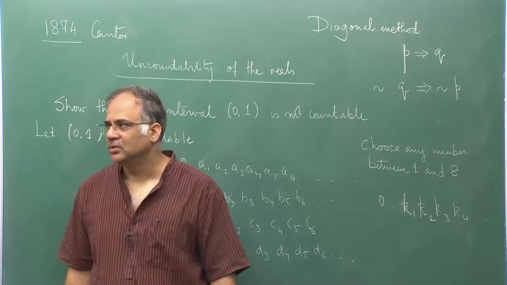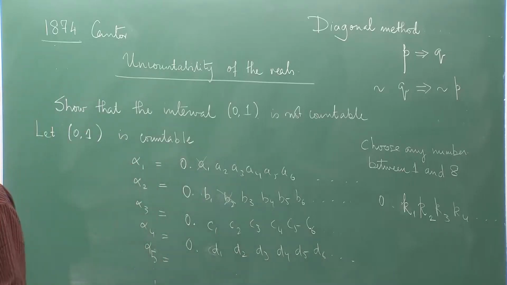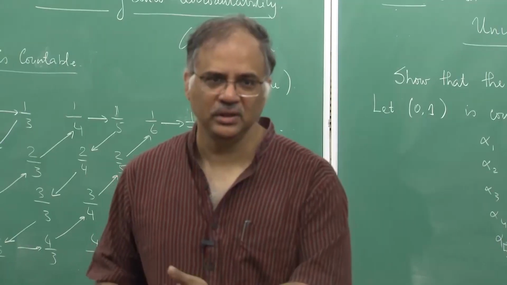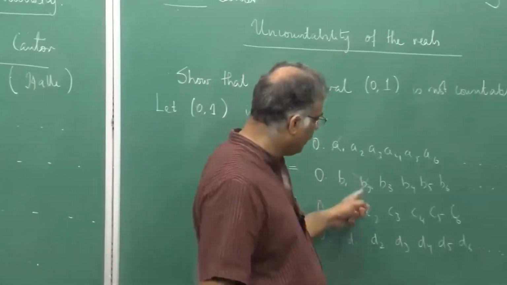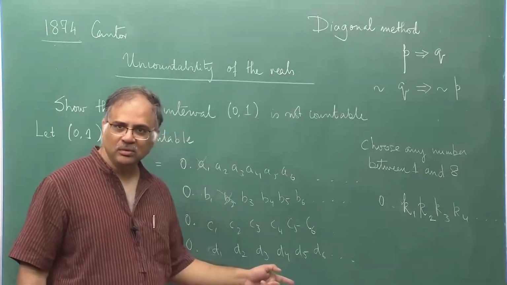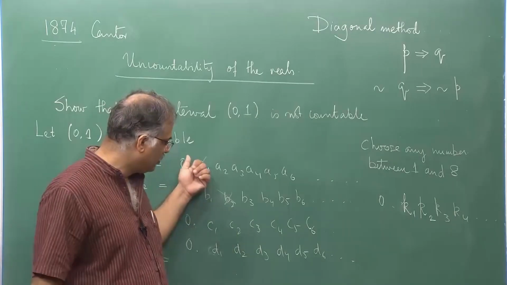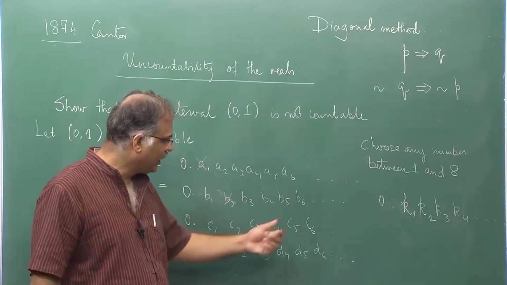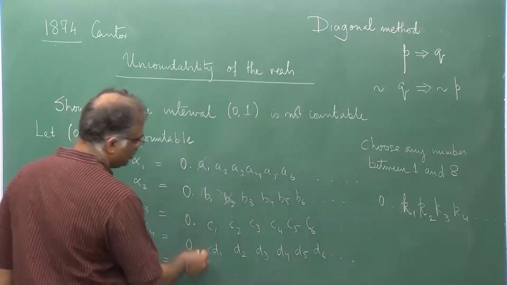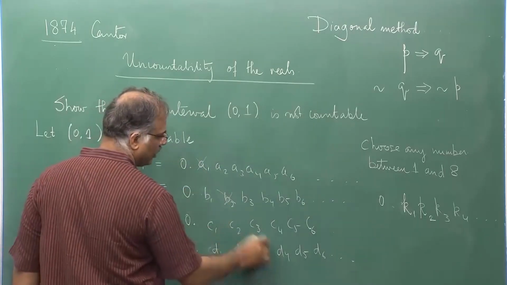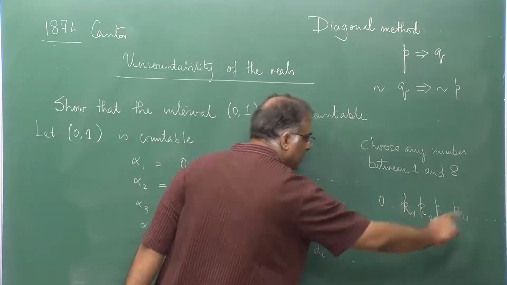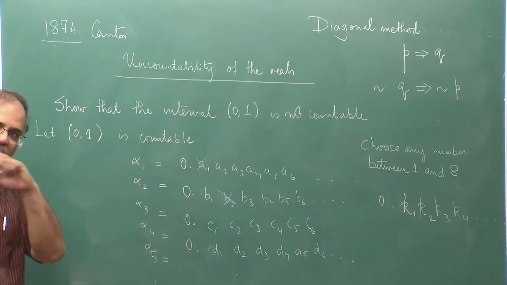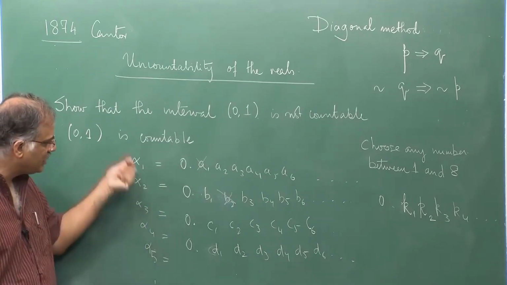Right. So now you might ask me, what about 1/3? 1/3 is what? 0.33333. So suppose I start taking 333. But the problem is when you are essentially counting down, you cannot do that, because we have expressed everything.